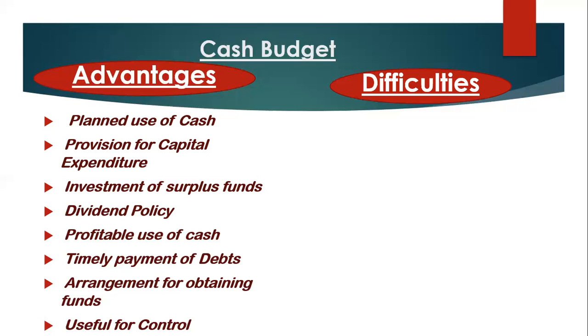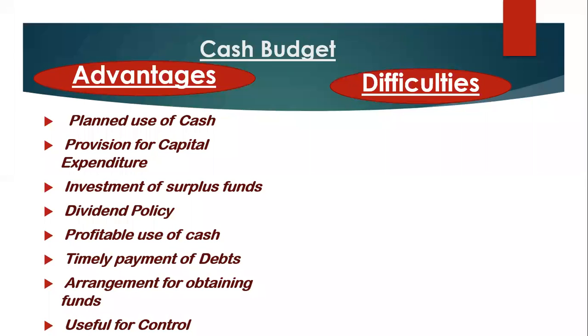So we can easily know where we are spending a high amount and where we are spending an unnecessary amount. So we can control. These are the advantages of cash budget, showing in how many ways it is useful for us.